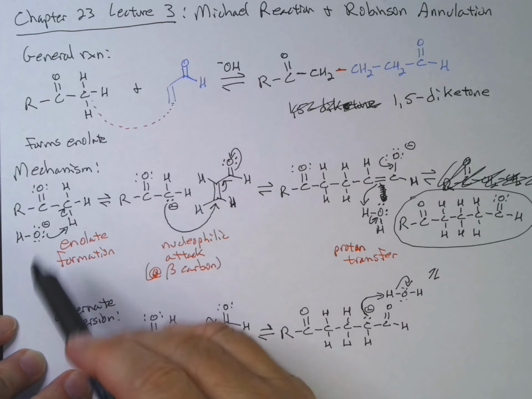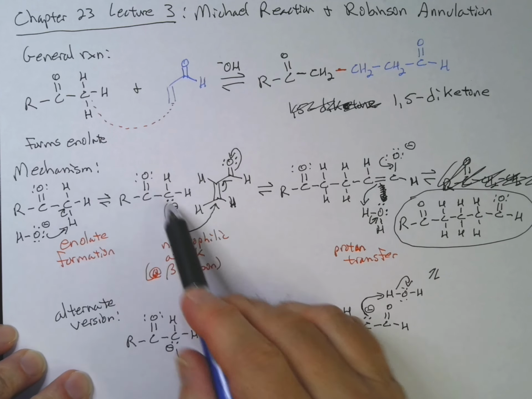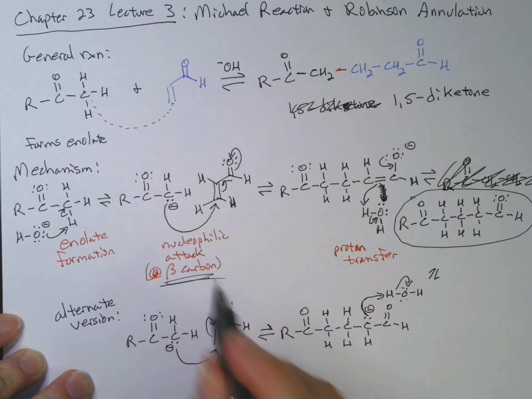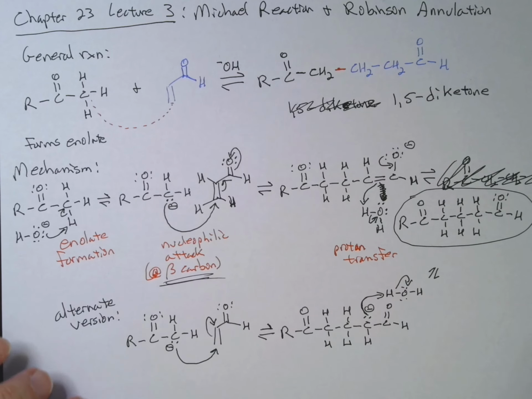All right, so again, we form the enolate first, just like we did in the other carbonyl condensation reactions. Then we get nucleophilic attack, but it is at the beta carbon, so that's very important. And then we'll get a final proton transfer to get our final product.